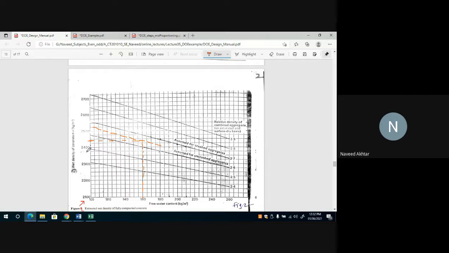So this is 2400 density, this is 2500 density. In between that there are 1, 2, 3, 4 lines. This is 2025 value above that, and in between. So I will take the density of this concrete as 2425, or in between 2450. So the density of concrete will come in between that.